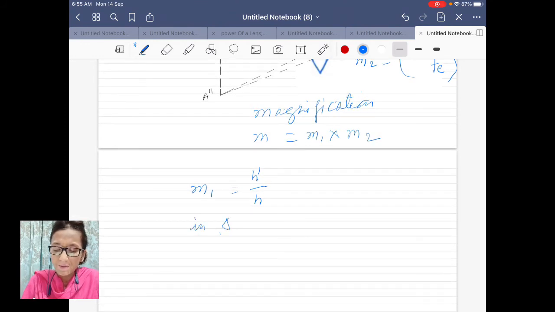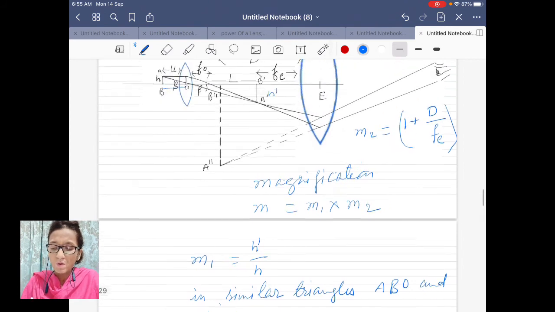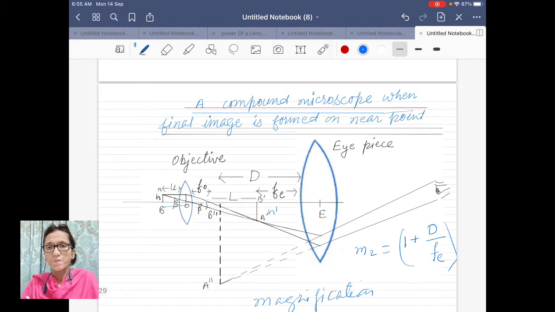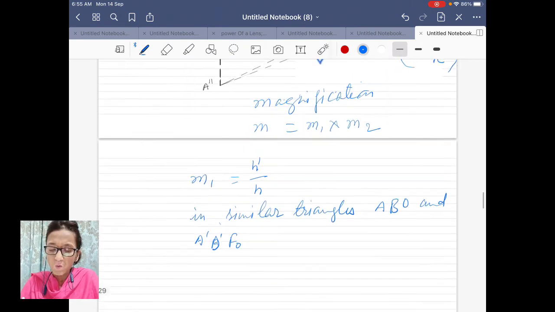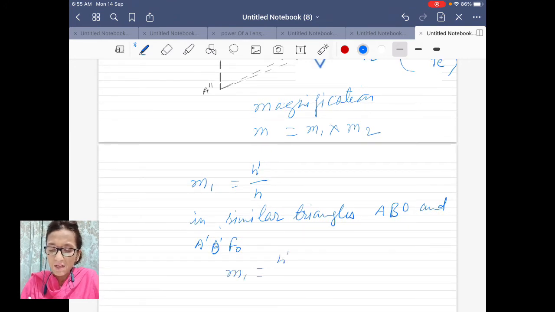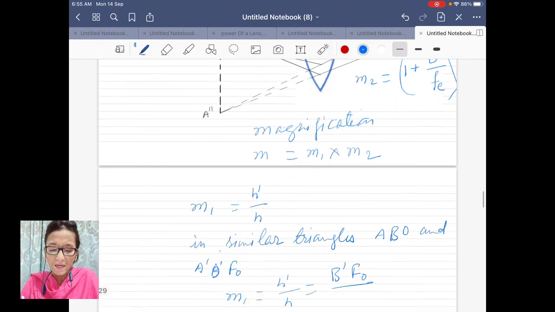In similar triangles ABO and A dash B dash FO, you will find that the ratio of the sides will be the same. So H dash by H will be equal to B dash FO. M1 is equal to H dash by H, which is equal to B dash FO divided by your OB.